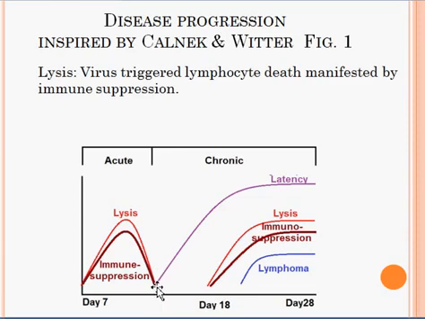The disease enters its chronic phase, and it is manifested by latency, again lysis, immune suppression, and finally, at the end of the whole chronic phase, you get a lymphoma. So this is published in figure 1.